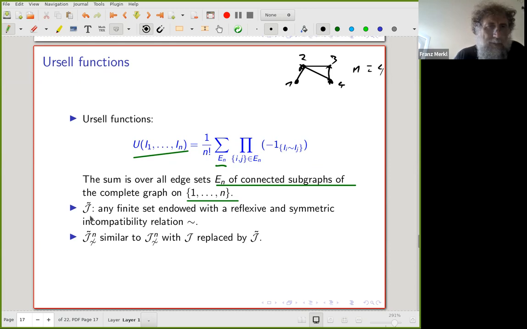So let's assume we have any finite set J tilde. You can think of the J before, but it's more general than this here. Let's assume that we have a reflexive and symmetric incompatibility relation on it, and this is a little bit more general than what we did before.